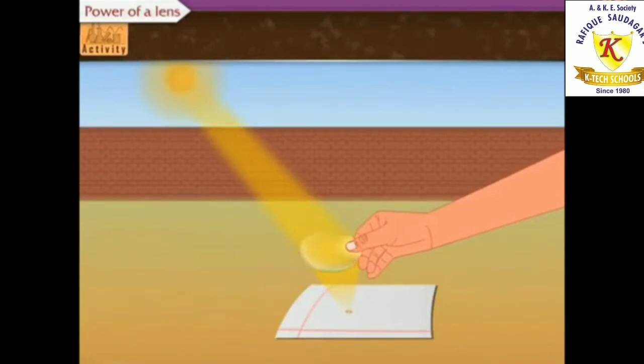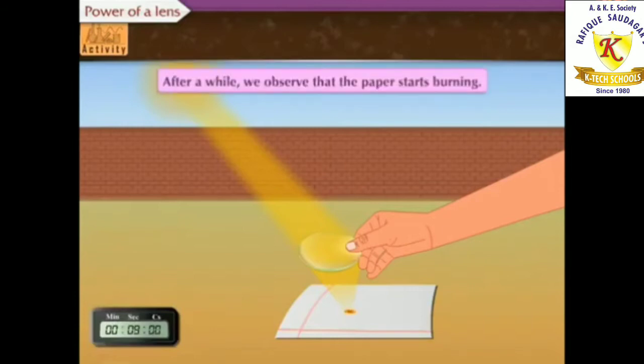So this is the position where we get a well-defined spot of light. Now, after this, collect the sunlight and start the time. Note the time required. After a while, we observe that the paper starts burning.